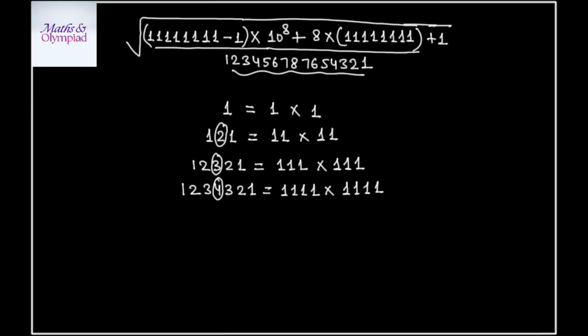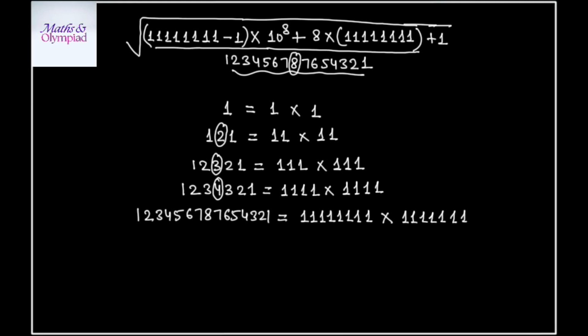So in our given case, we have a middle digit 8. 12345678 7654321 equal to, so I can write 8 times 1 multiply by 8 times 1, 5678 multiply by 12345678. This can be written as 45678 whole square.